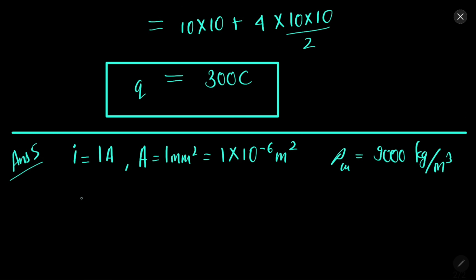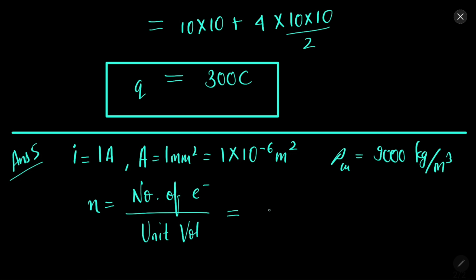So now molecular mass, in 1 mole we have Avogadro number of atoms. It is given that each atom gives 1 electron, so the number of electrons will be equal to the number of atoms. So n will be number of electrons per unit volume.